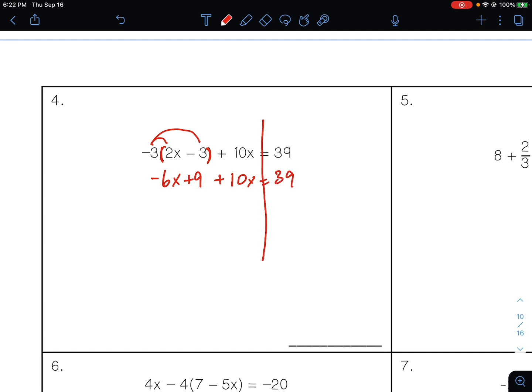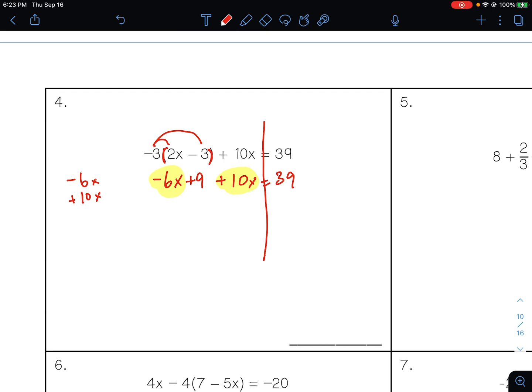All right, now combine like terms. Negative 6x. Do we have any other x terms? We do. Positive 10x. So we have negative 6, positive 10x. When we combine the two, we basically do just subtraction, and then our answer ends up being taking the sign of the bigger number. So 10 is positive. So answer is going to be positive. So 10 minus 6 is 4.